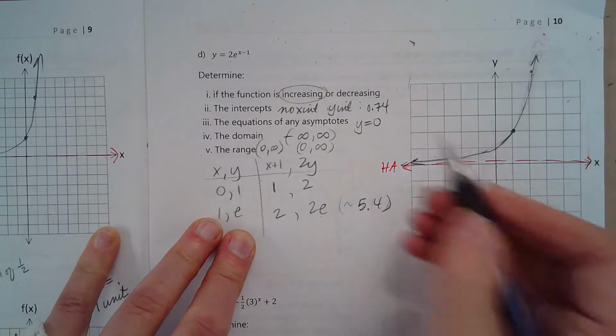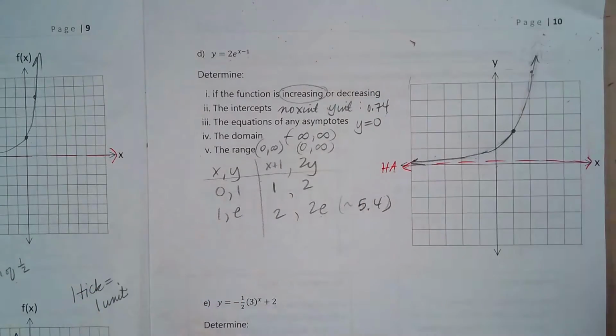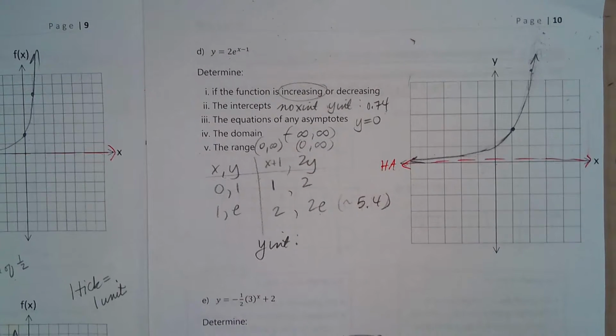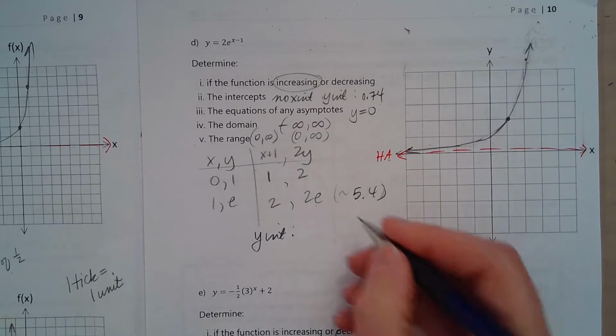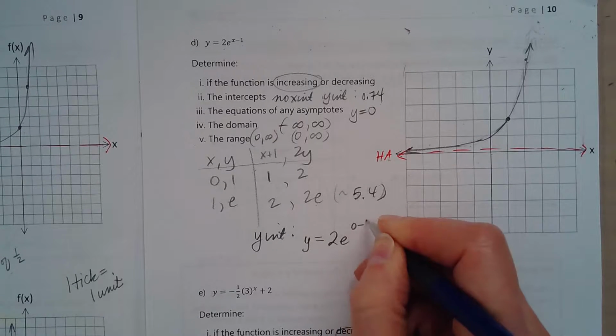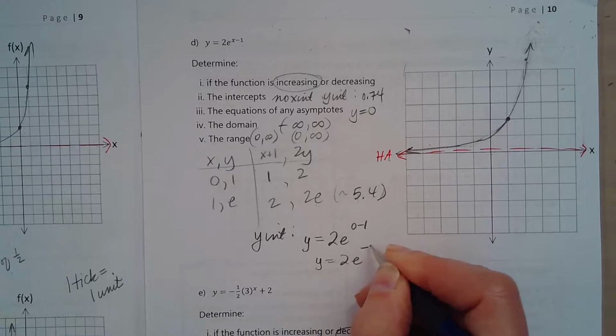There. How many people got this as a y-intercept? All right, how did you get it as a y-intercept? Yeah, just like you always do. Nothing ever changes, right? Replace x with 0 and solve for y. 0 minus 1, and we just simplify. So y equals 2 to the e negative 1.